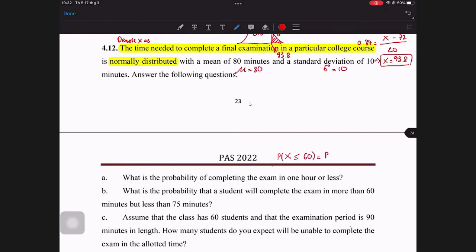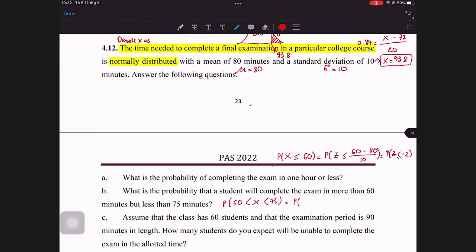So just very simple. We just convert X into Z, and we convert this value into Z as well. So we have 80, 10. That should give us Z smaller than or equal to -2, I think. Okay. So you can just look up the table for this value. For question B, what is the probability that a student will complete the exam in more than 60 but less than 75? So 60 smaller than X, smaller than 75.